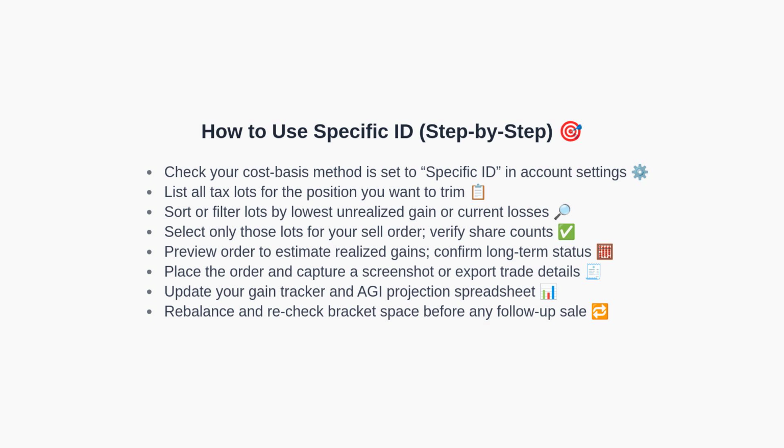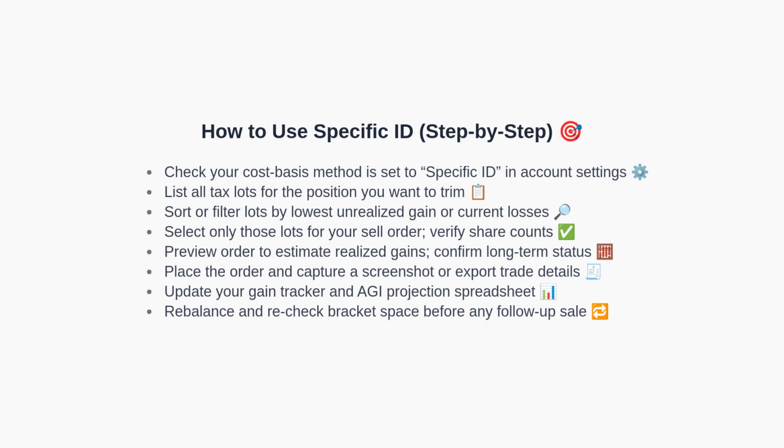Here is the practical sequence. First, ensure your account's cost basis method is set to specific ID. Next, list all tax lots for the security you intend to sell. Sort or filter lots by the lowest unrealized gains or losses if available. Select exactly those lots for the sell order, verifying share counts and long-term holding periods.